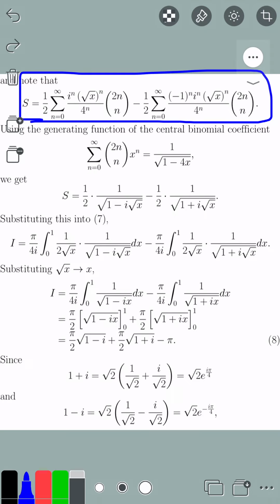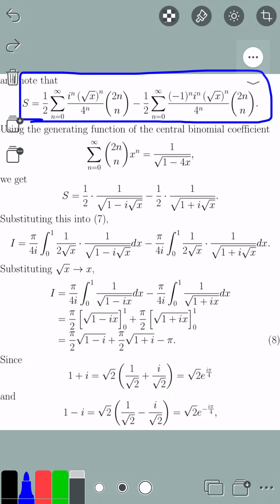In the first series everything is positive, and in the second series, because of the negative 1 to the nth power, the terms with even indices will be positive and the terms with odd indices will be negative.